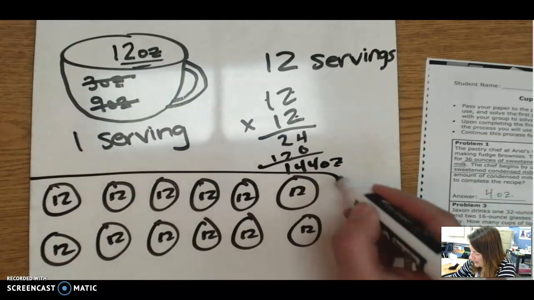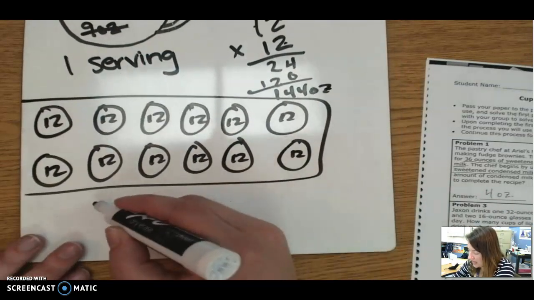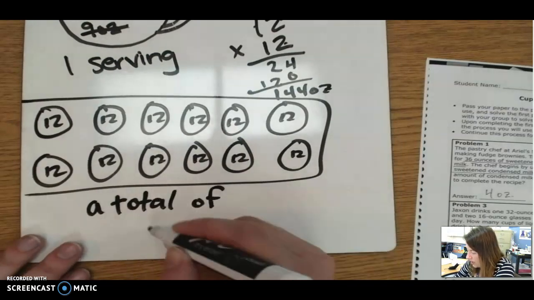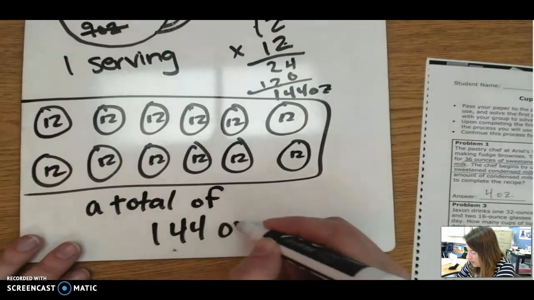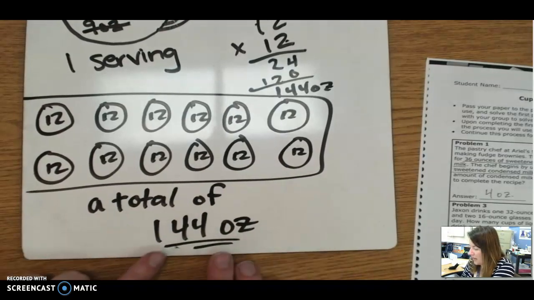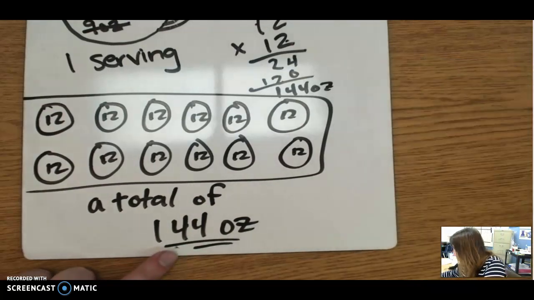So all of these cups, all of these servings, we would need a total of 144 ounces to make all of the servings. Now, this cannot be my final answer. How do I know it can't be my final answer?